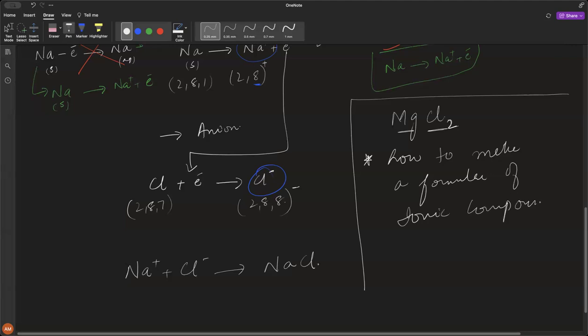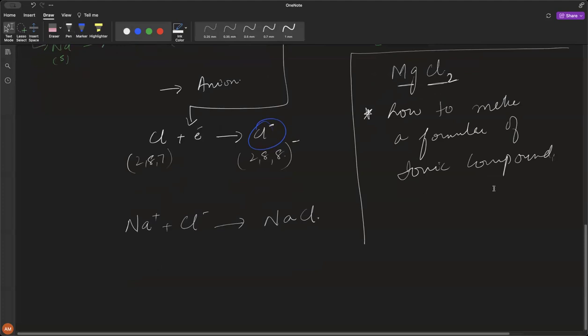I'm only talking about ionic compounds at the moment. It's very easy. What you need to do is, number one, ionize the metal. Sorry, make a metallic ion.